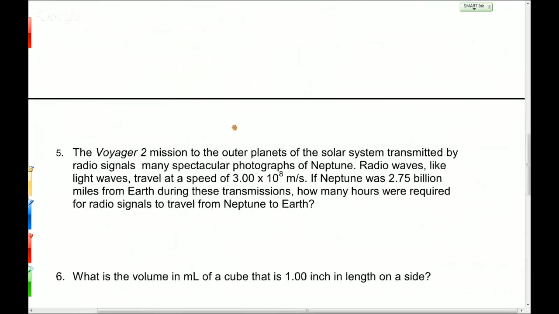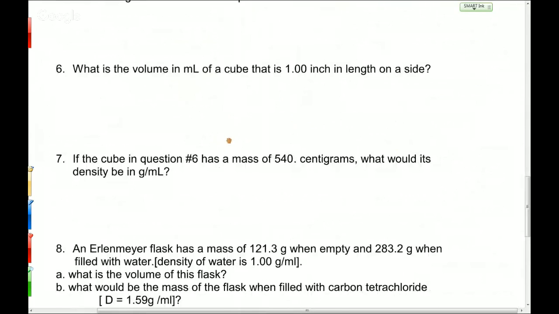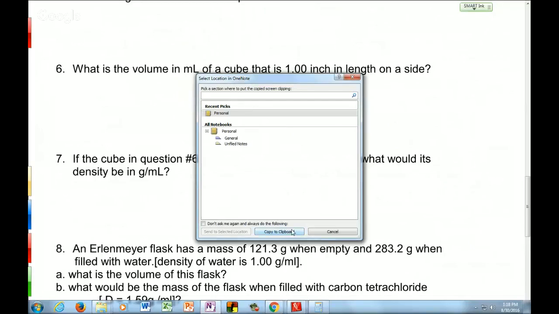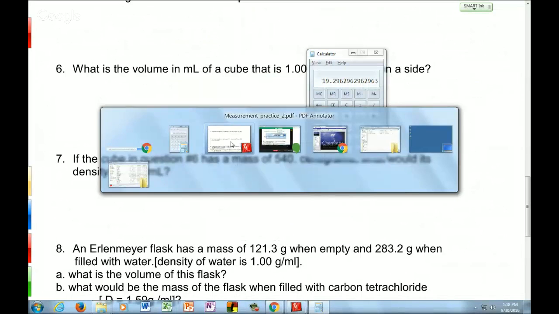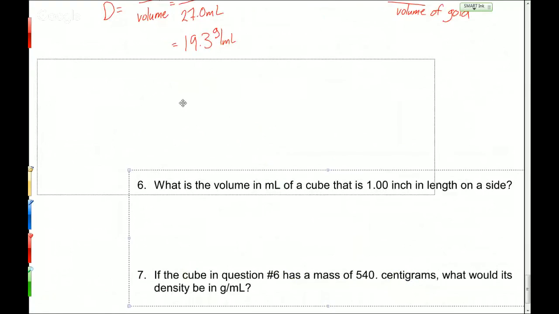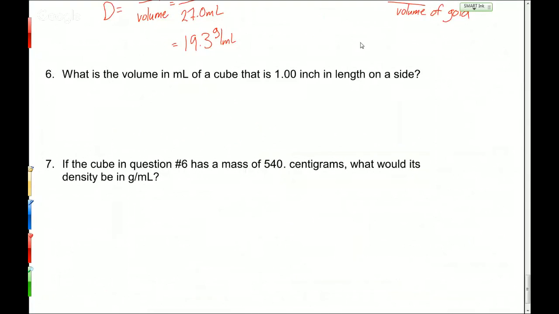Let's try this one. Two related questions now. What's the volume in milliliters of a cube that's 1 inch on each side? And then if the cube weighs a certain amount, what would its density be in grams per milliliter?